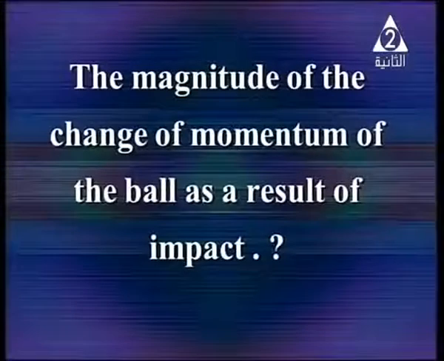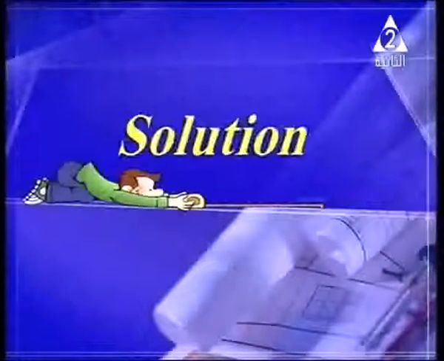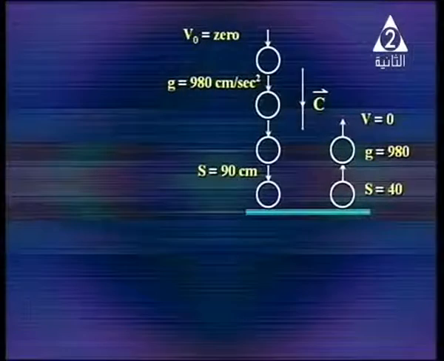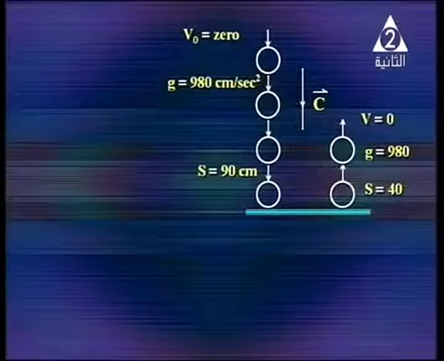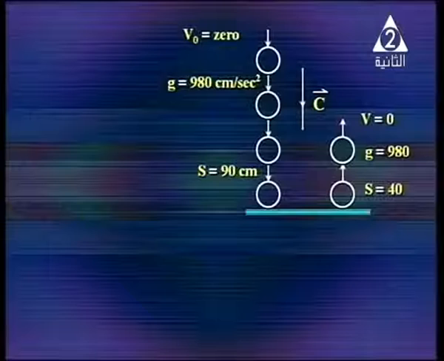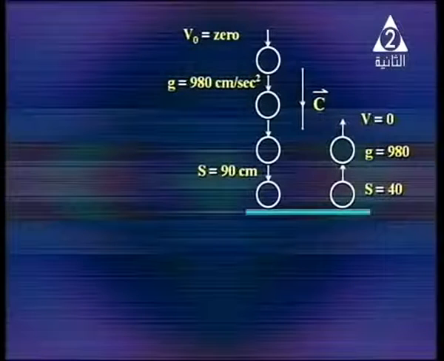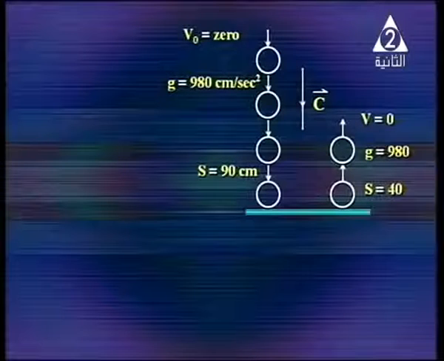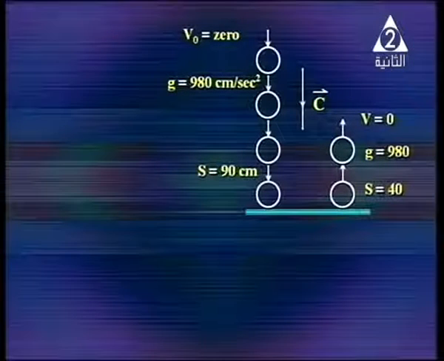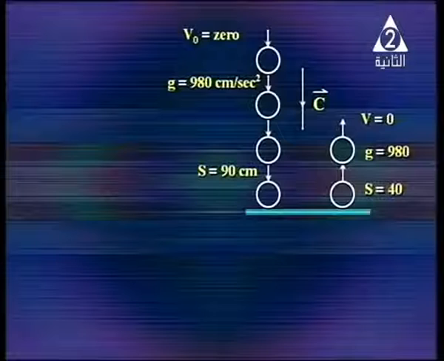Dear student, look at the solution. We have a rubber ball. Its mass is 200 gram, let to fall on a horizontal surface. Look at the rubber ball at the top, V naught equals 0. Why?